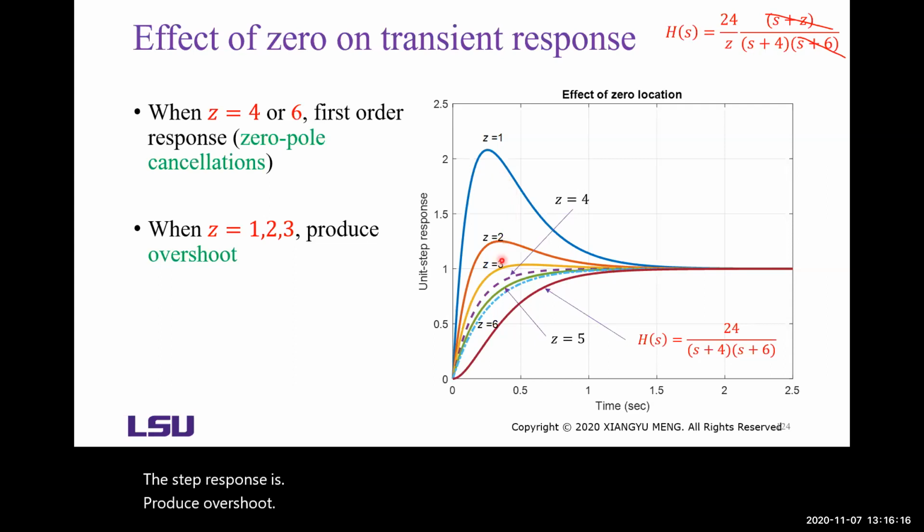And overshoot is most pronounced for a small value of zero, that is, Z equal to 1.